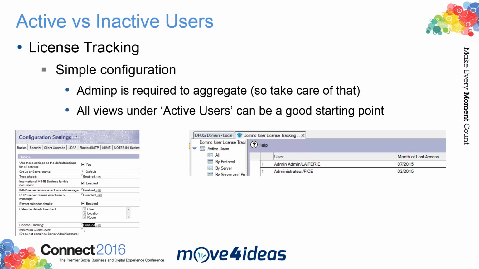It will be in charge of the aggregation. And the view under active users can be a good starting point for you to have the information about the month of last access. So this way you just keep 30 days, right? But we will have a little trick to be able to have more than 30 days for that in the next slides.